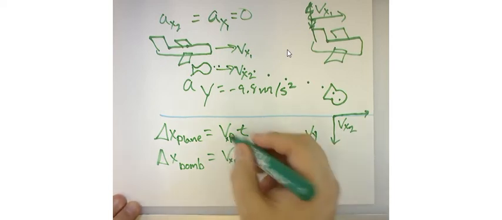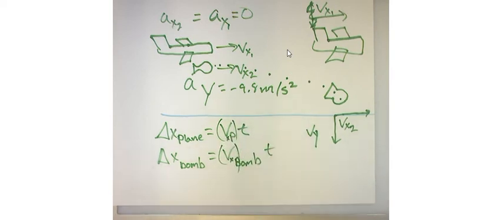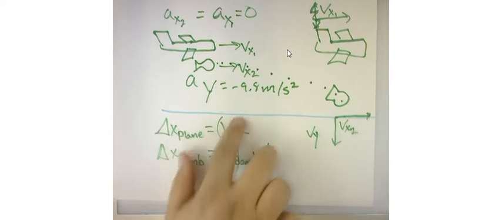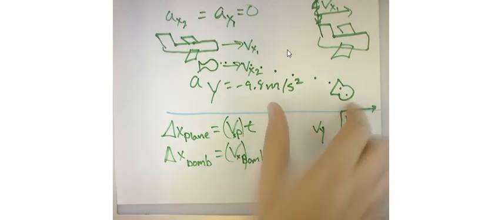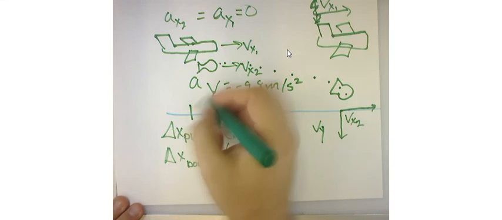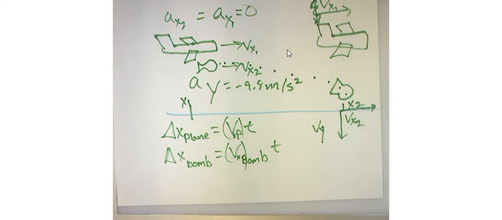Well, the velocity of the plane in the x direction and the velocity of the bomb in the x direction are exactly the same. And the time is the same, therefore the displacement would be the same, right? So if we go from here and consider this x sub 1 and consider that x sub 2, they both will have traveled the same distance.